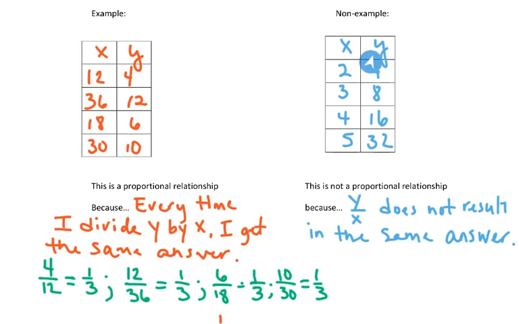If we take 4 divided by 2, I get 2. Then if I take 8 divided by 3, that means I should get a 2 if it's proportional. But when I do 8 divided by 3, I get 2 2/3. So right there I can stop and say this is not a proportional relationship.